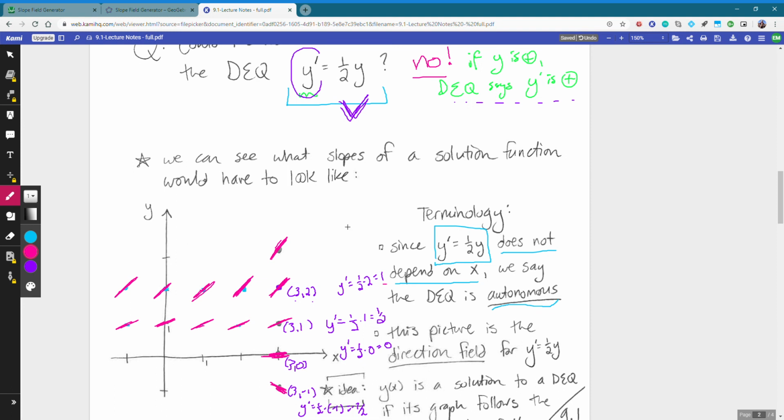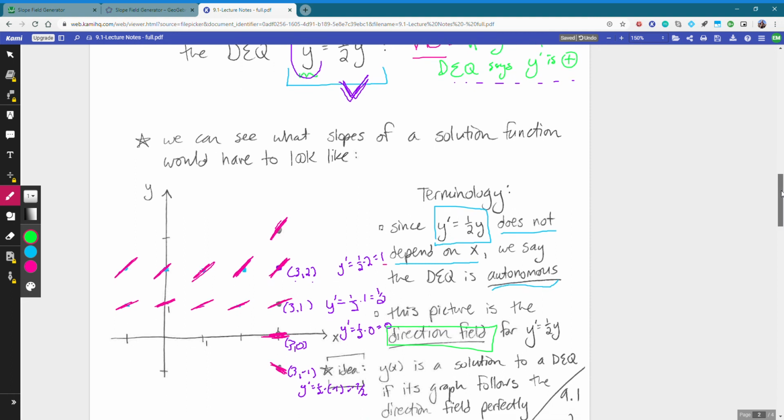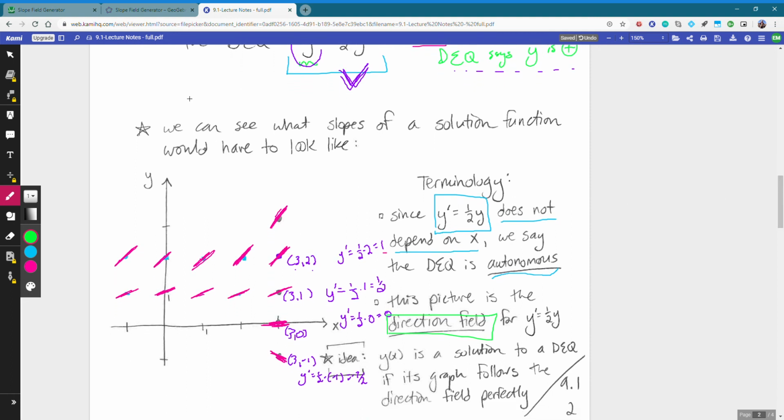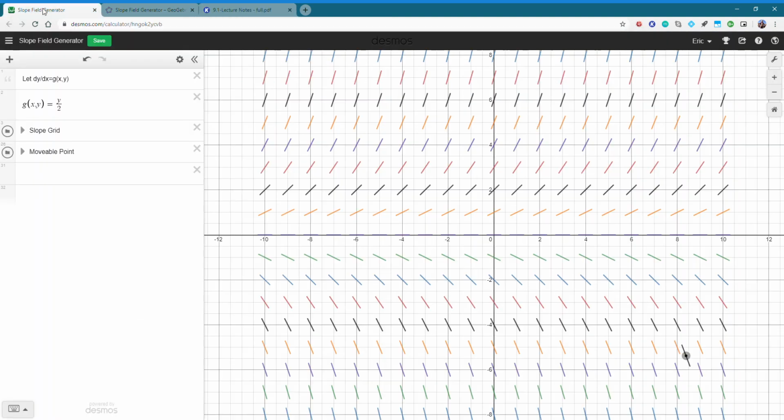Now, you can imagine doing this for all sorts of other points. Any point in the plane would work. We can get a little chunk of the tangent line there. What we're building here is called the direction field for our differential equation. And there's a nice interactive through Desmos where we can see this a little bit more completely.